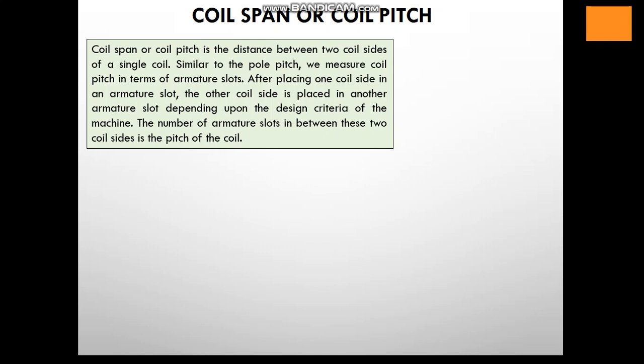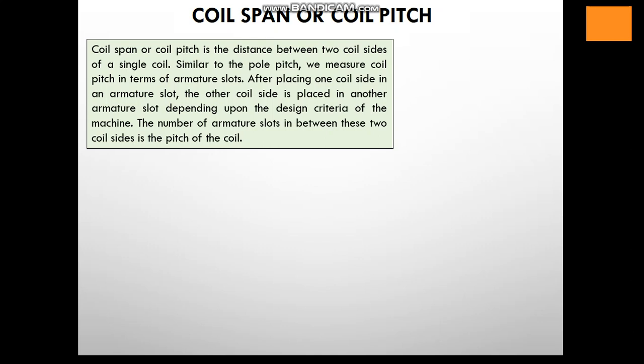After placing one coil side in one armature slot, the other coil side is placed in another armature slot depending upon the design criteria of the machine. The number of armature slots in between these two coil sides is the pitch of the coil.